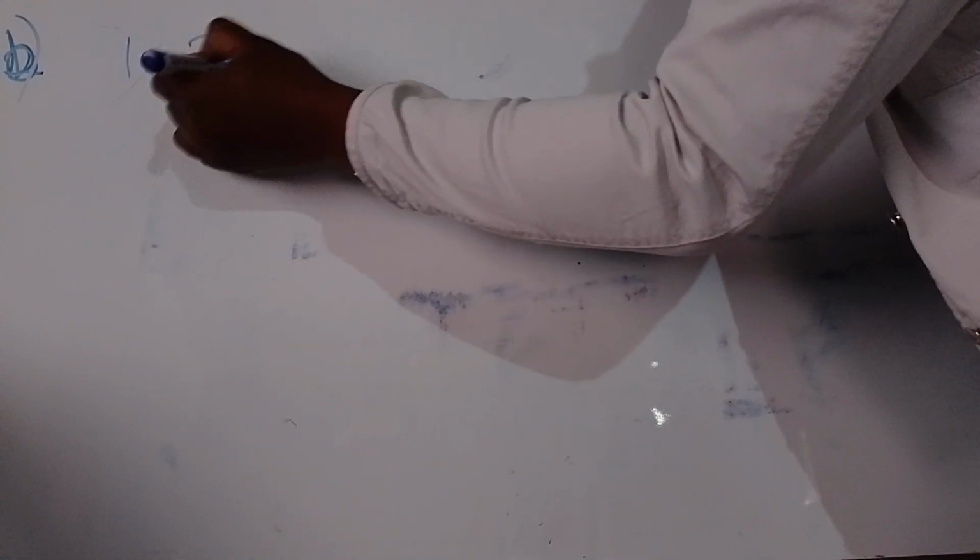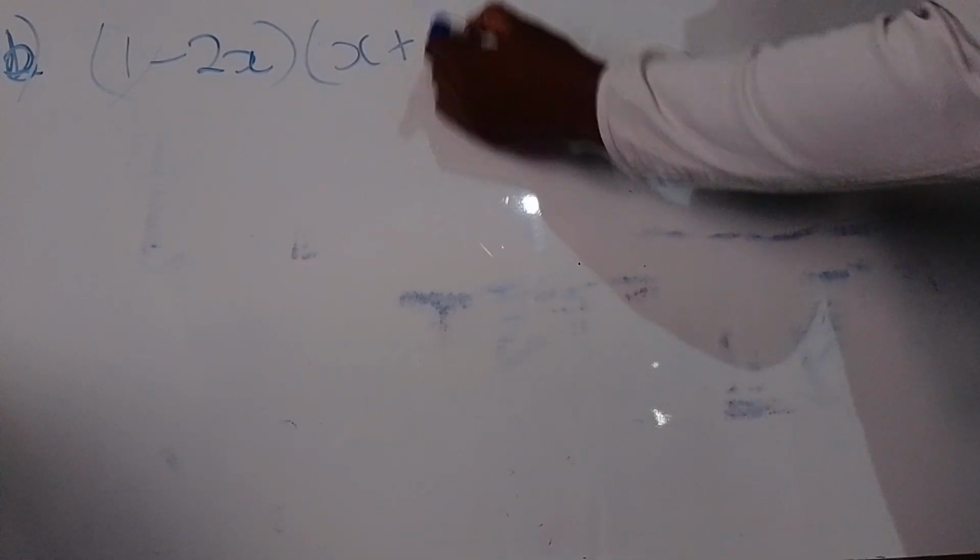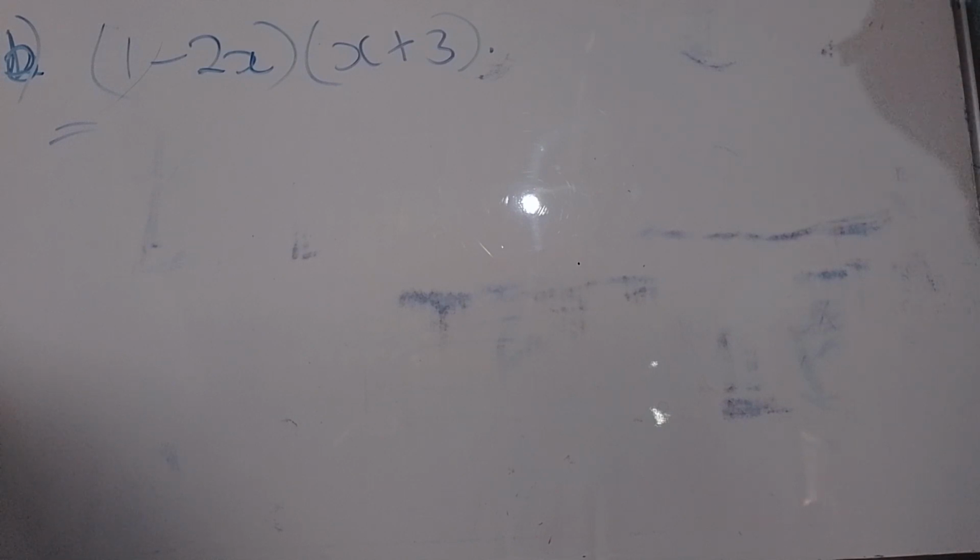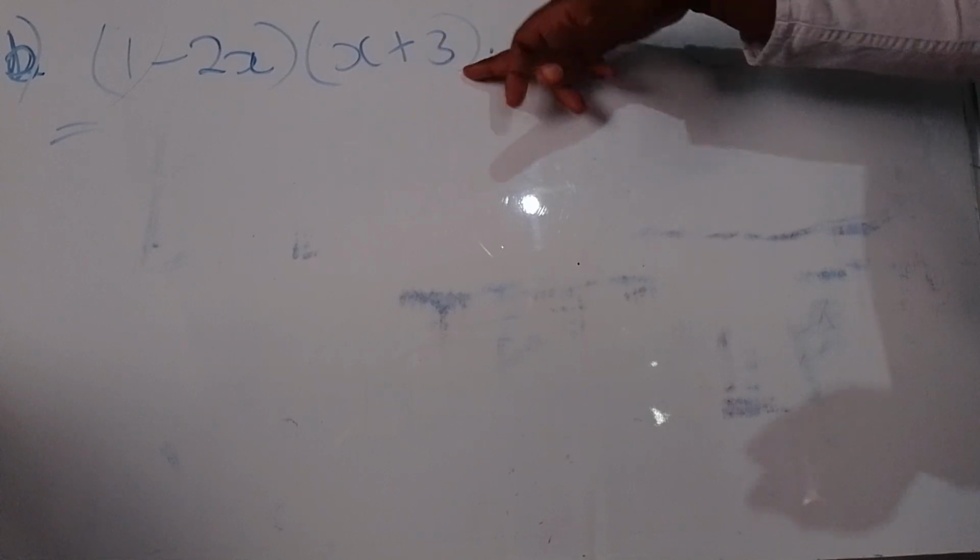Right, 1B reads: expand 1 minus 2x multiplying by x plus 3. To expand this, this 1 minus 2x should multiply everything in this bracket.